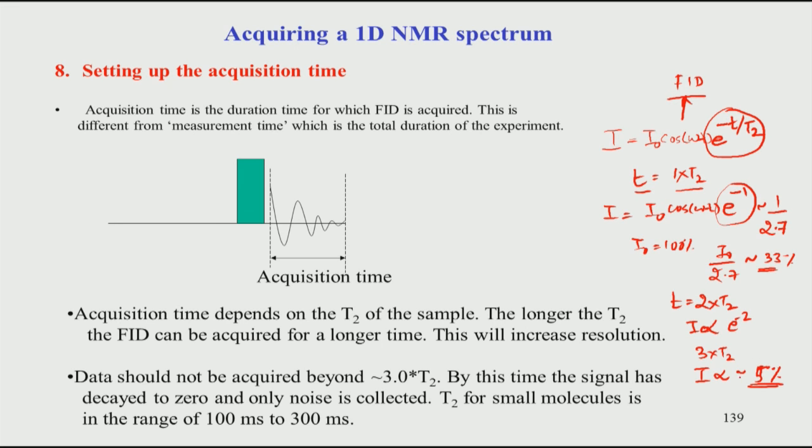That means, the signal has come down from 100% when t is equal to 0 to 5%. So, by 3 times T2 the signal has reduced by 95%.